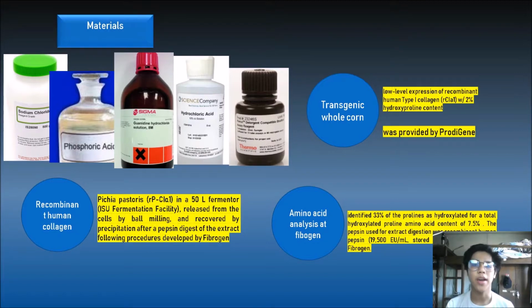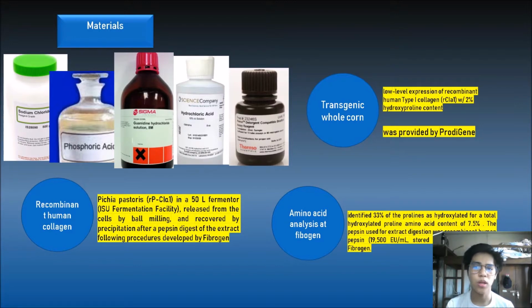For the materials, the reagent grade sodium chloride, phosphoric acid, and hydrochloric acid, with guanidine hydrochloride and Thermo Pierce Bradford total protein assay, were obtained from Fisher Scientific.